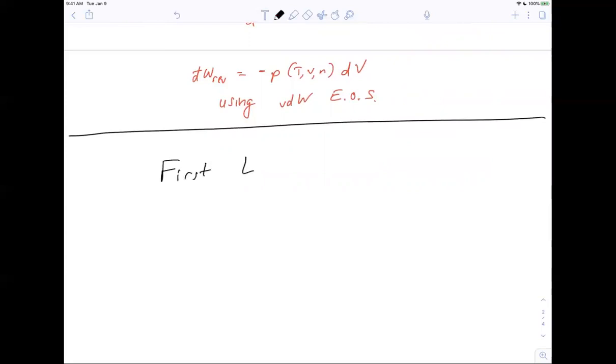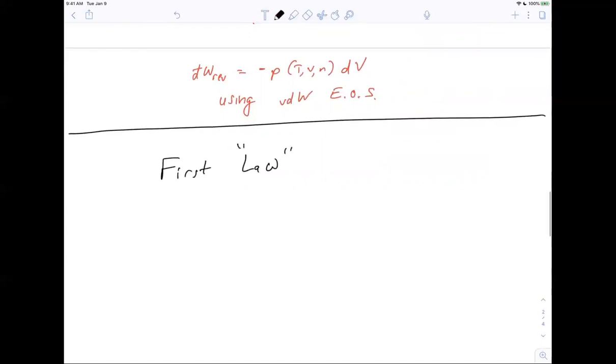Let me remind you of the first law in differential form: dU is equal to dQ plus dW. We see here that it's a way to convert heat into work and work into heat. That's really what this is saying.